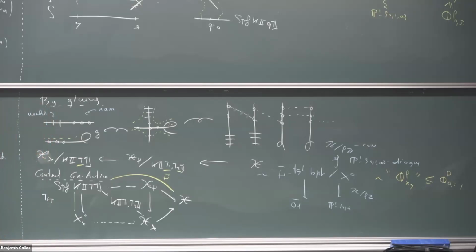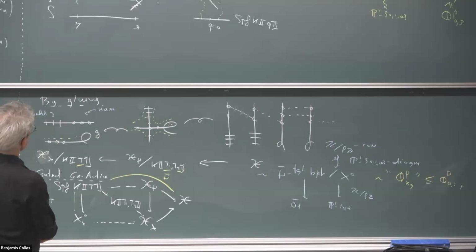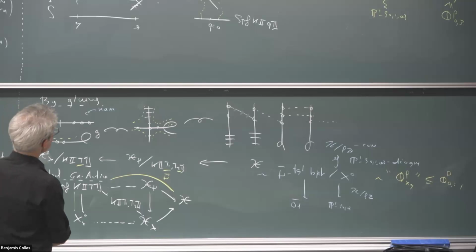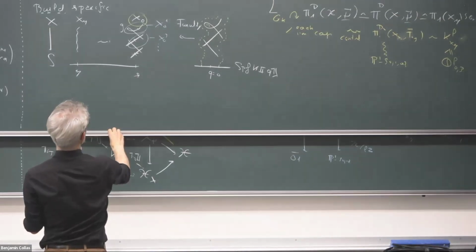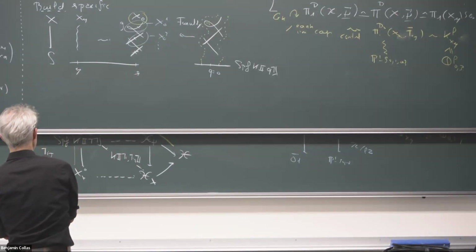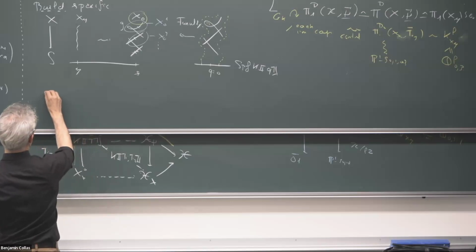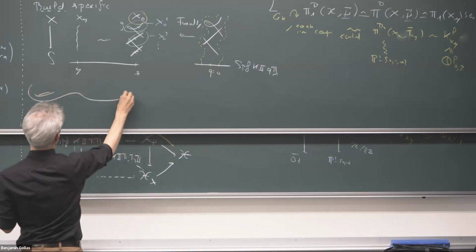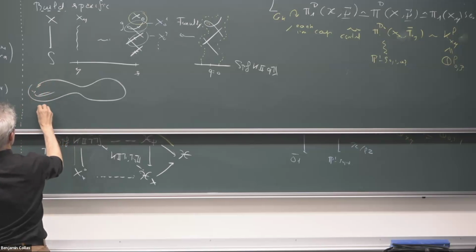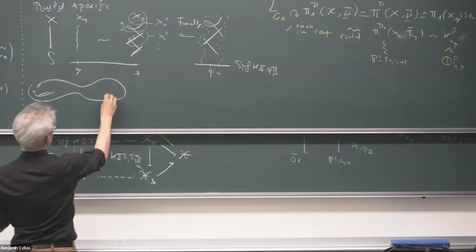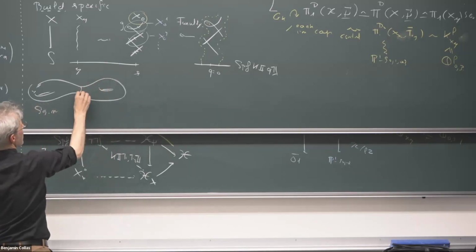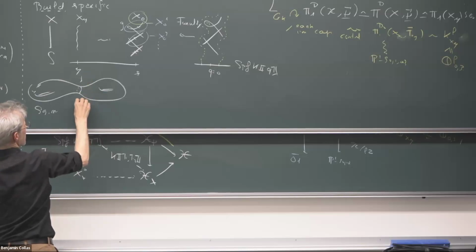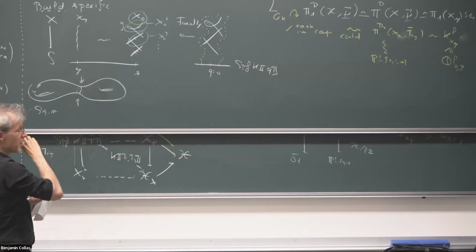Ah, I see. Yes, I see what you mean. So the way I understand your question is, if you take a surface with marked points, the way to obtain this stable curve is to take some simple closed curve and make it shrink, if I have the topological model in mind.